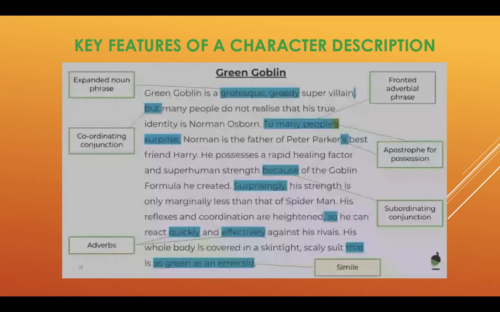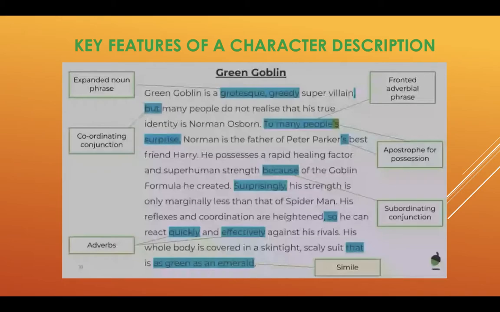In the second sentence, I'll read that again. To many people's surprise, Norman is the father of Peter Parker's best friend, Harry. Well, to begin with, to many people's surprise, comma, that is a fronted adverbial. Not only that, but did you notice people's surprise?